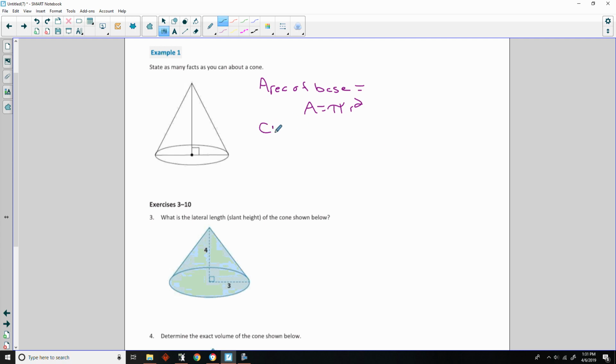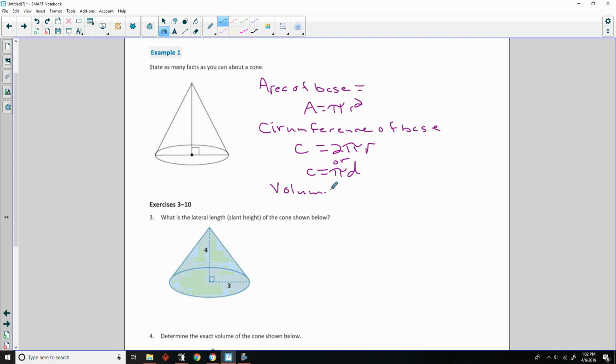We can find the circumference of the base, and circumference equals 2 pi r, or circumference equals pi d, depending on what we're given.